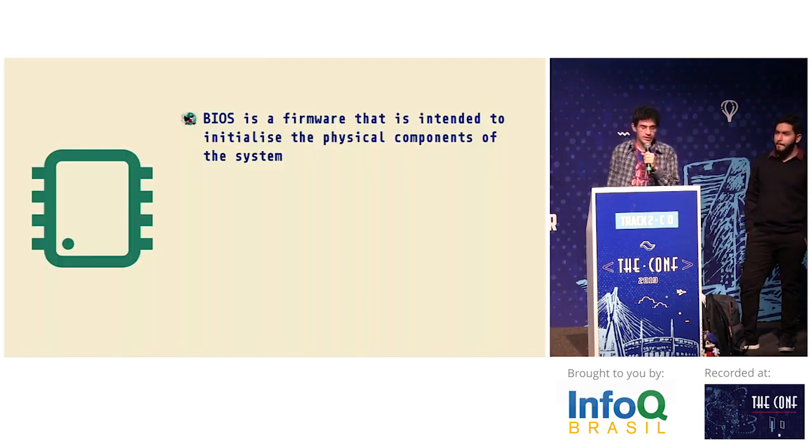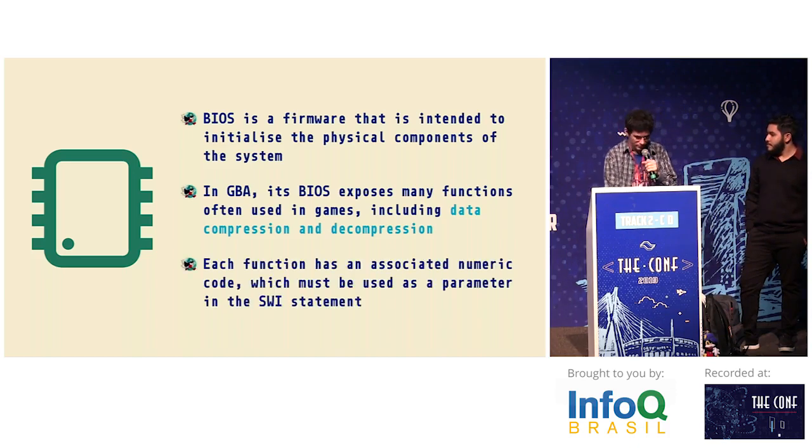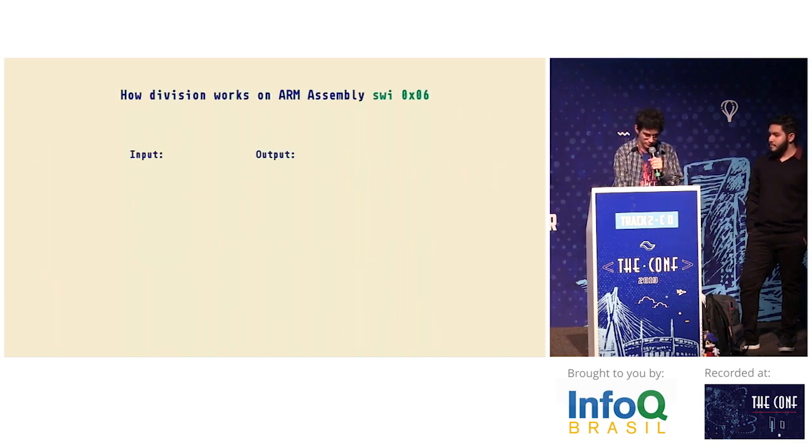Well, BIOS is firmware that is intended to initialize the physical components of the system. In the GBA, its BIOS exposes many functions often used in games, including data compression and decompression. Each function has an associated numeric code, which must be used as a parameter in the SWI statement.